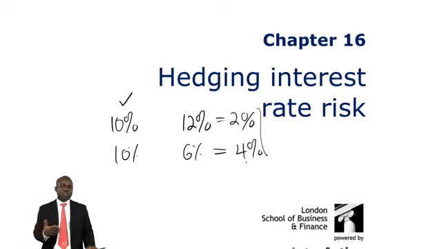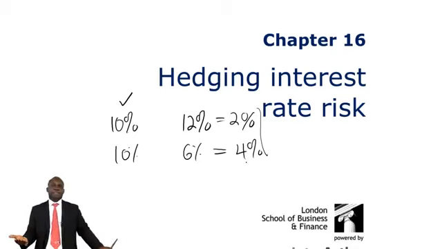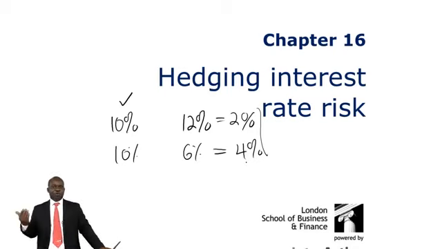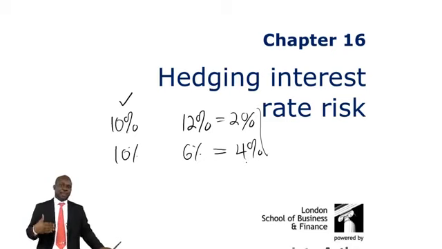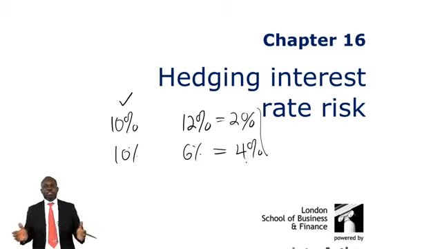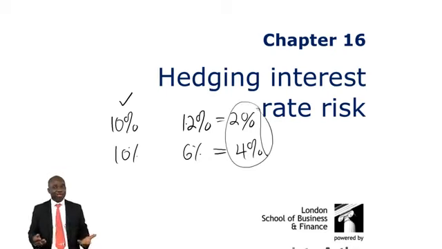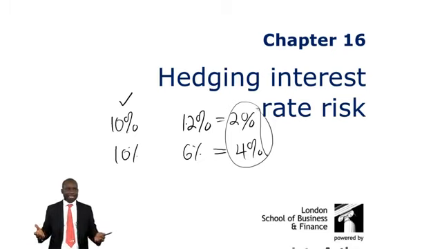So the moment you have an asset or a liability whose value depends on interest rate movement, you are exposed. Because the moment interest rate changes, you are exposed to make a gain or a loss.